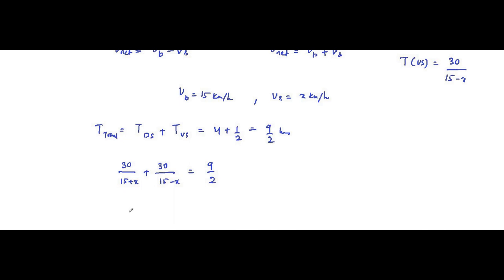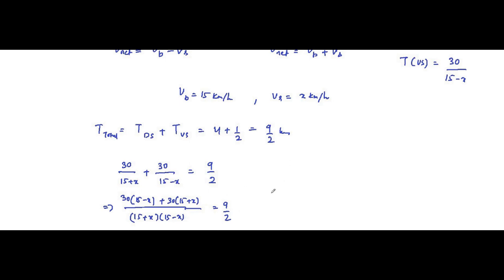That implies, taking the common denominator, (15 plus x) into (15 minus x), it is 30 into (15 minus x) plus 30 into (15 plus x), that is equal to 9 by 2.